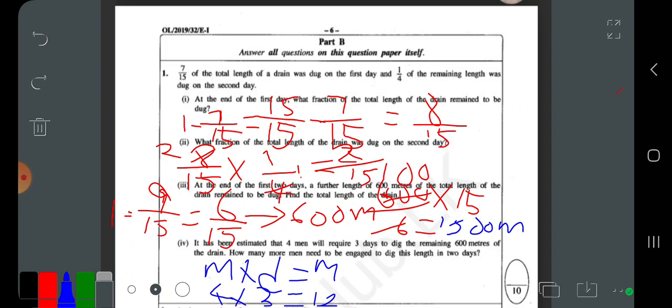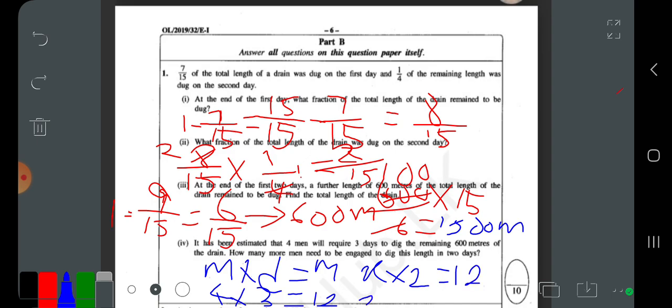Now what they're telling, with 2 days, how many men are needed? Men we don't know, so we take x, and the days are 2. Same work we should complete in 2 days. So 12 is the magnitude of the work.